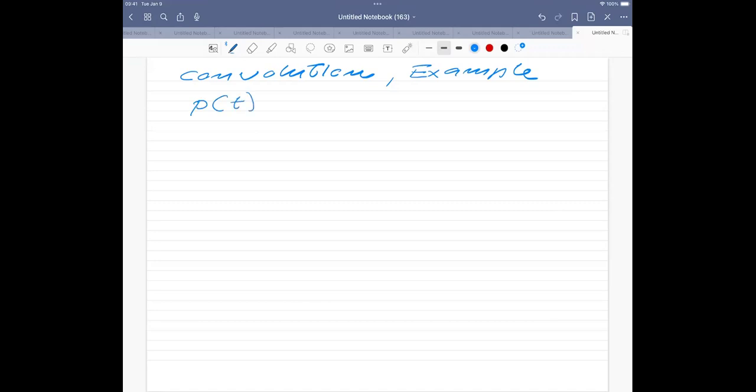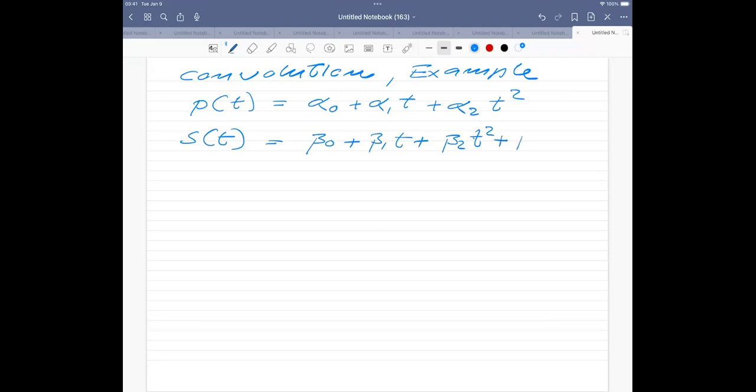I have a polynomial here, which is given by some parameters which are known: alpha 0 plus alpha 1 times t plus alpha 2 times t squared. And then I have a third order polynomial, which I call beta 0 plus beta 1 times t plus beta 2 times t squared plus beta 3 times t cubed.